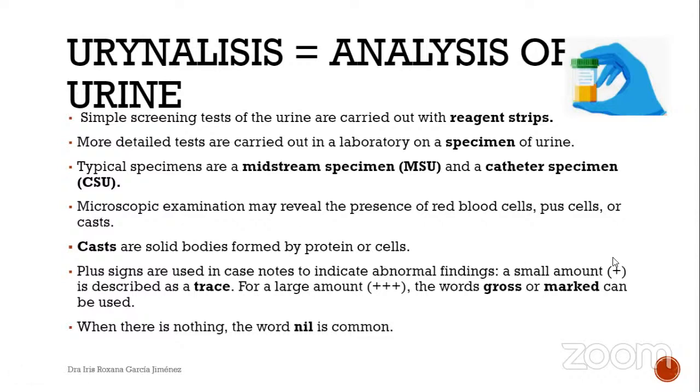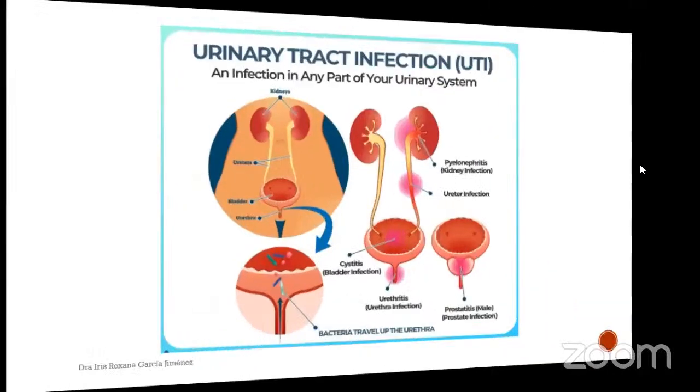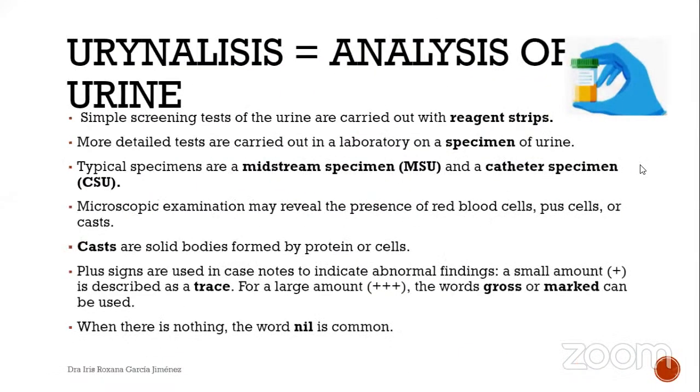Microscopic examination may reveal the presence of blood or red blood cells, pus cells or casts. Casts are small solid bodies formed by proteinous cells. They are so painful while passing, but well, it happens. It's possible to check their structures with the microscope.